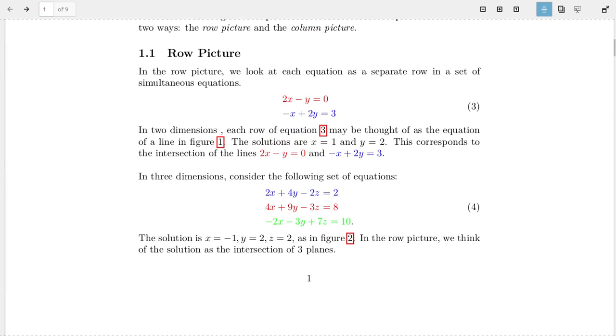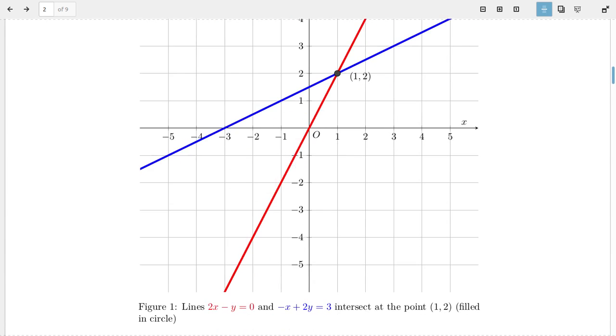And the blue equation, negative x plus twice y equals 3, corresponds to the blue line in this diagram. And notice at this point here, (1, 2), is the intersection of these two lines. And (1, 2) is the solution to our set of simultaneous equations.